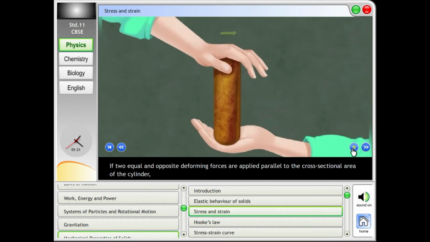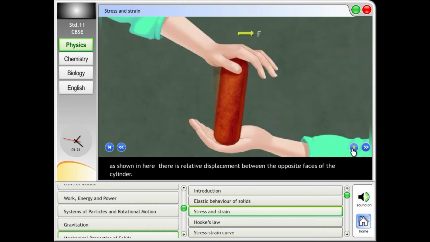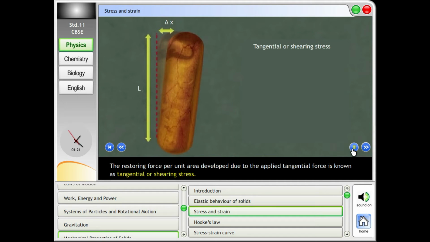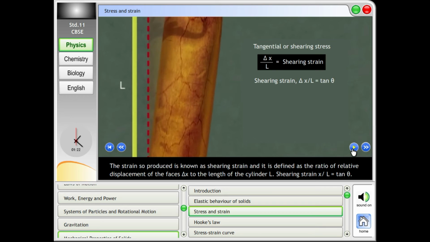If two equal and opposite deforming forces are applied parallel to the cross-sectional area of the cylinder, as shown here, there is relative displacement between the opposite faces of the cylinder. The restoring force per unit area developed due to the applied tangential force is called shearing stress, and the strain so produced is known as shearing strain.